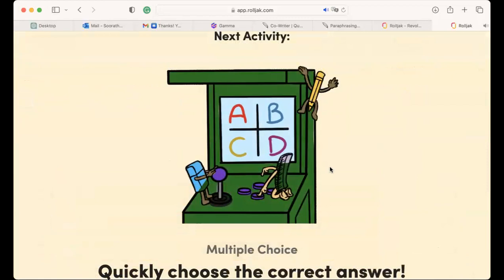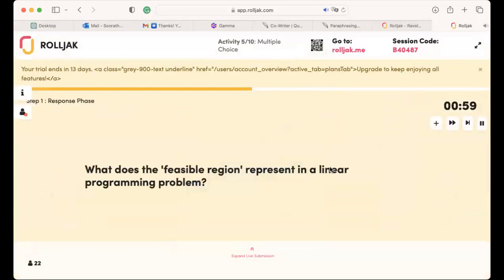Next question. I did not explain the feasible region yet, but you can guess, I think.